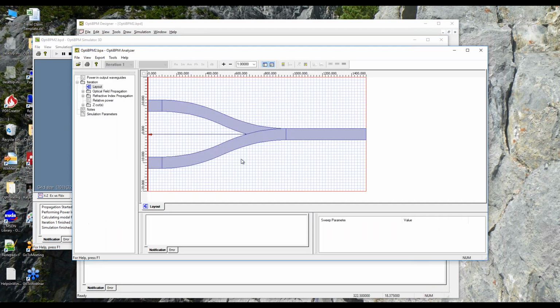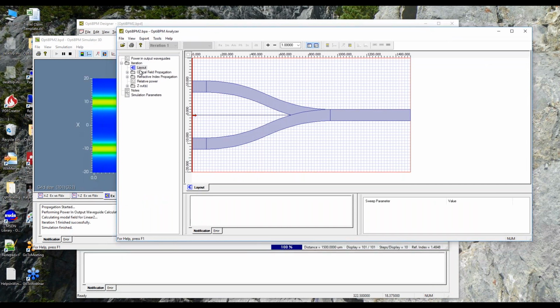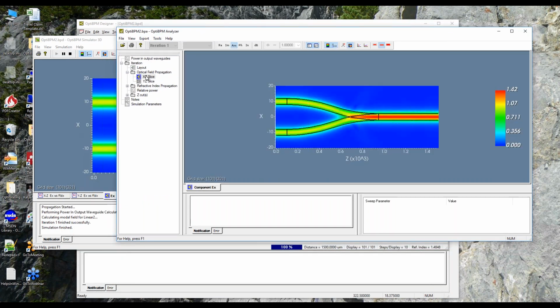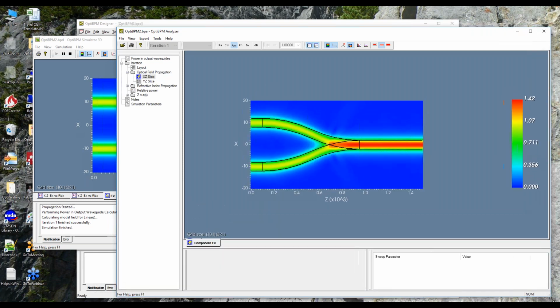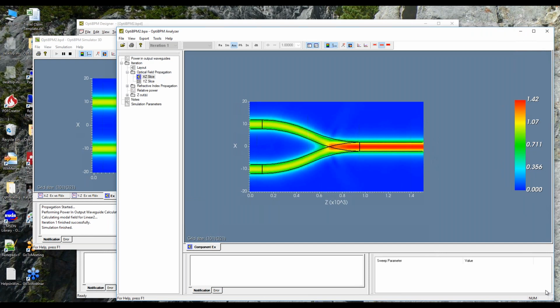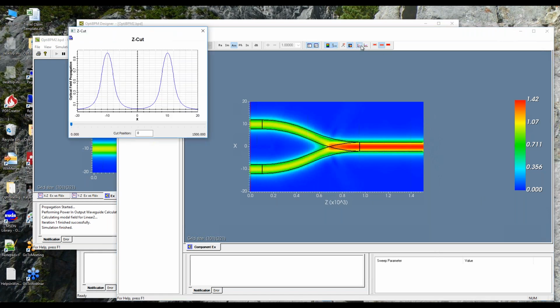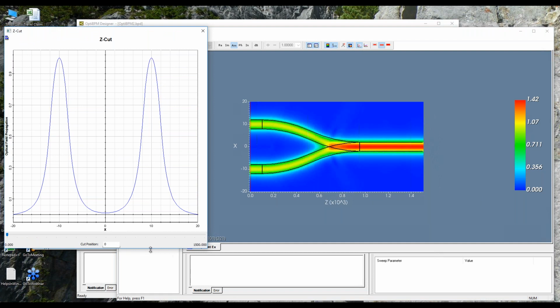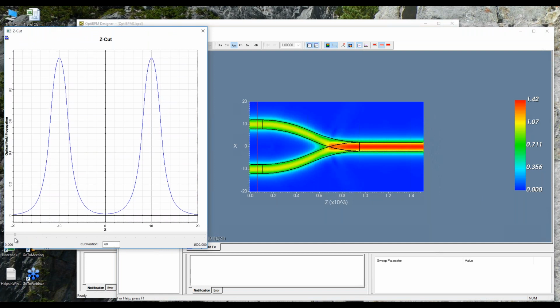Let's go to the analyzer for a more detailed look. And there's our result. And let's have a closer look at this. This plot occurs at the position that you see the red line on the right.